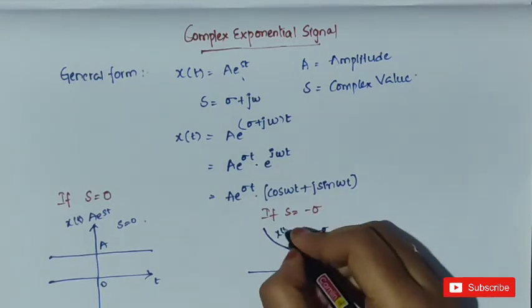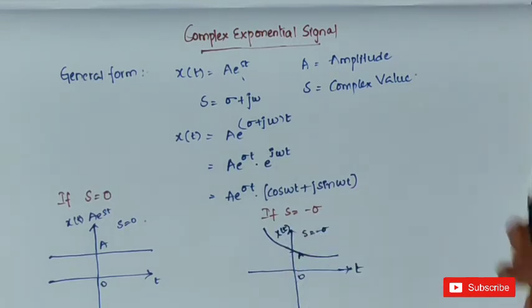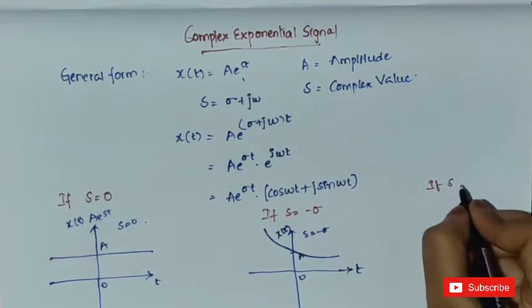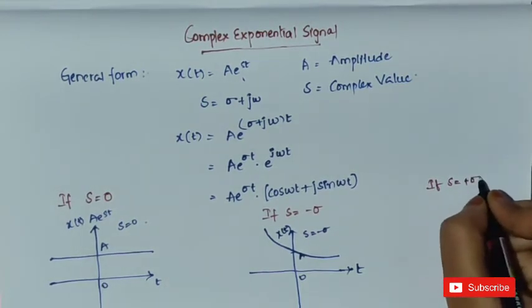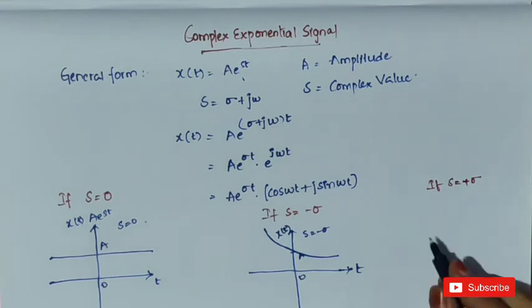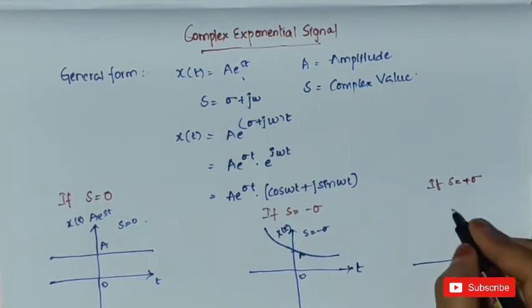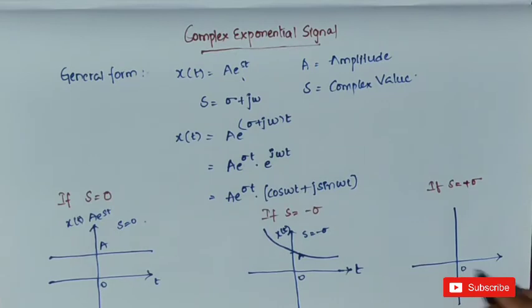If you consider this as the amplitude and s is equal to minus sigma, the signal will be exponentially decaying like this. If s is equal to plus sigma, then the signal is a growing exponential signal.